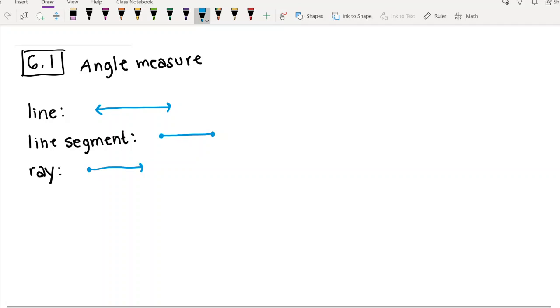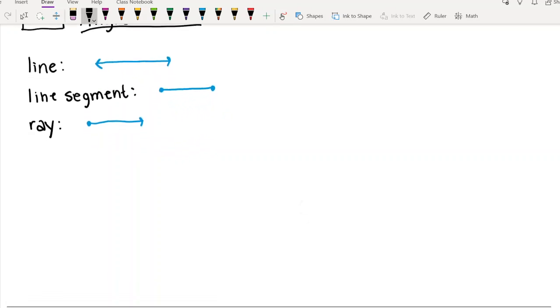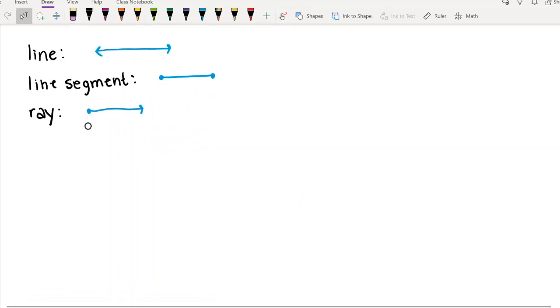So again, these are not super important. They're not probably going to really come up that much in the class, but I just wanted to tell them to you so that the definition I give you makes a little bit more sense. So the formal definition of an angle, and you might have an idea in your head of what an angle is, and your idea is probably right, but I just want to give you a more formal definition.